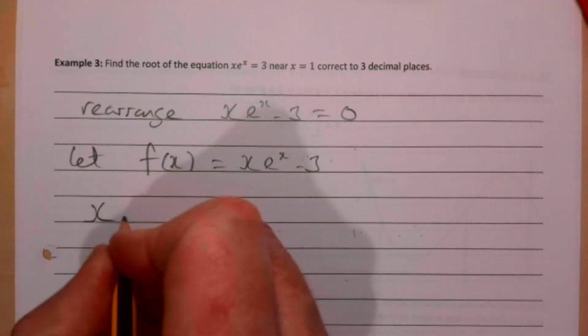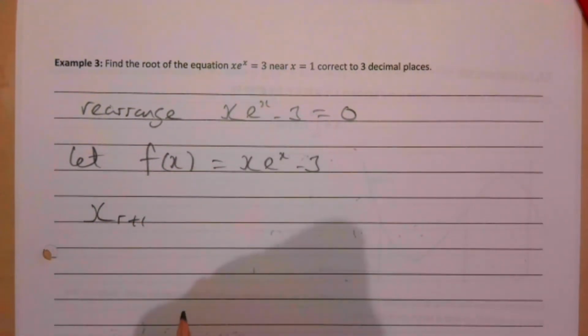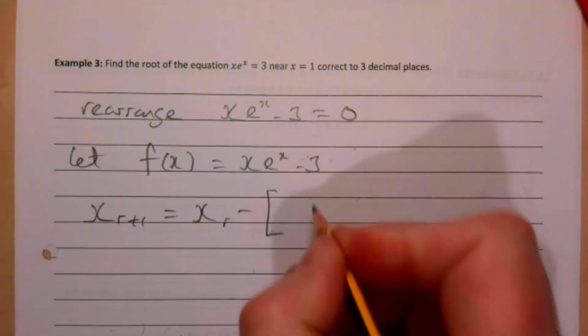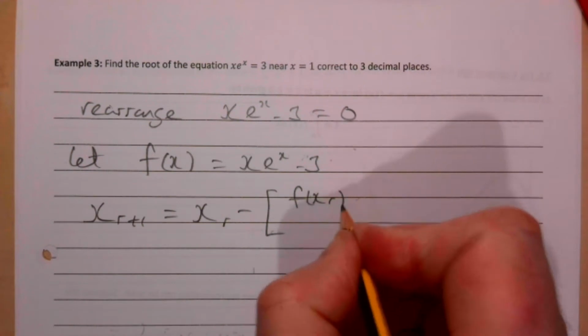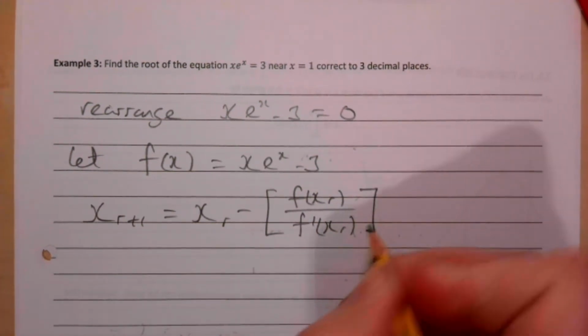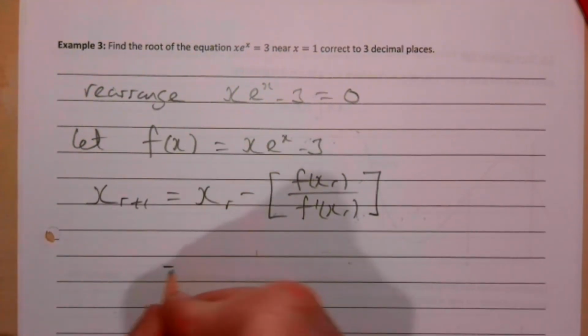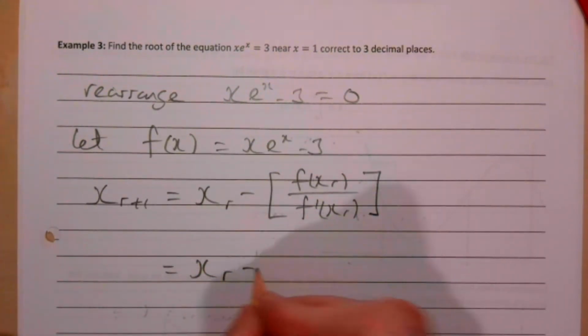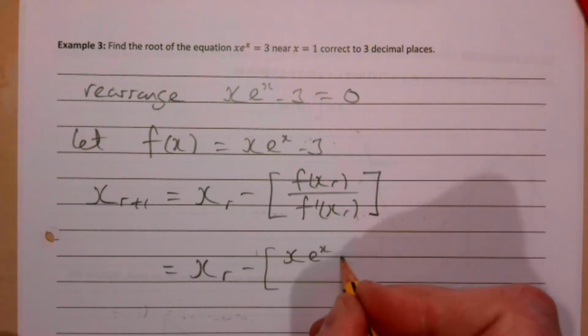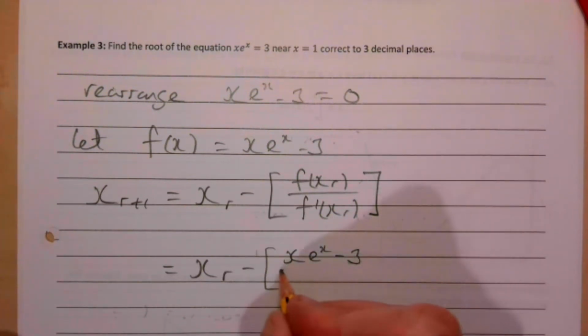So then x_(r+1) is going to be x_r minus f of x_r over f dash x_r. In this particular case it's going to be x_r minus x e to the x minus 3.